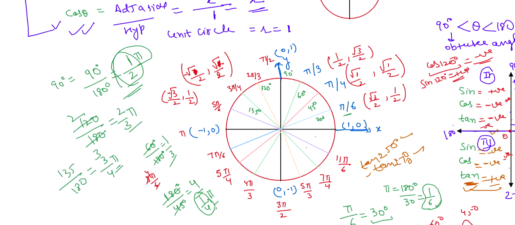This is 150 degree, 180 degree, 210 degree, and this one is 225 and 240 degree. This is here 270 degree, and this one is 300 degree.